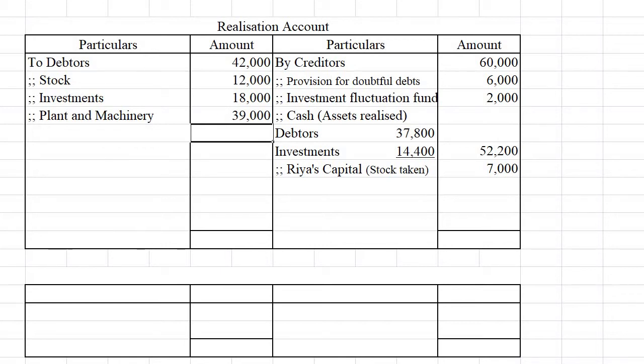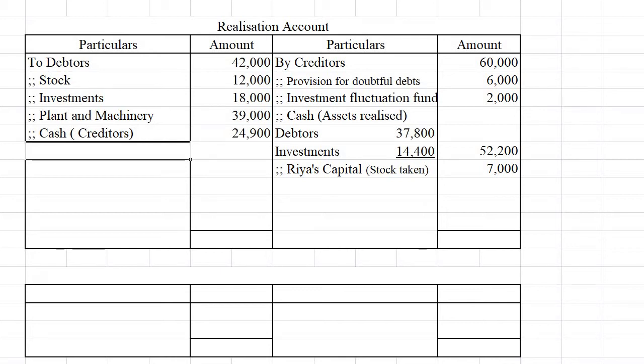Remaining is 24,900. That only we will write as cash. Balance is paid in cash, so that 24,900 we will write here. That means 60,000 minus 35,100. That is regarding creditors.